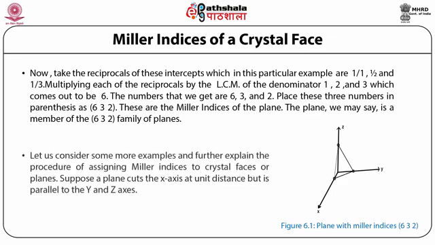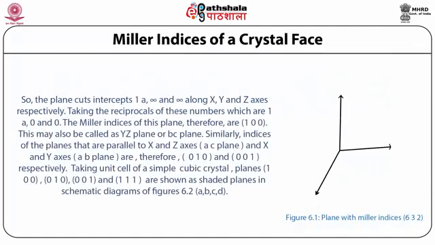Let us consider some more examples and further explain the procedure of assigning Miller indices to crystal faces or planes. Suppose a plane cuts the x-axis at unit distance but is parallel to the y and z axes. So the plane cuts intercepts 1a, infinity and infinity along the x, y and z axes respectively.